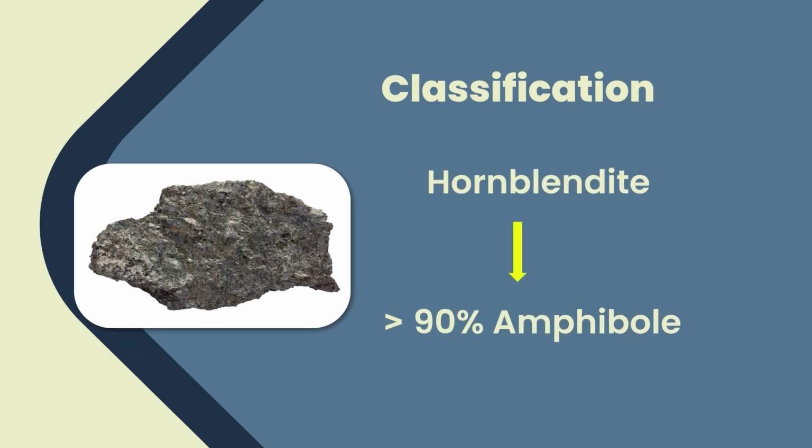In case of hornblendite, more than 90% is amphibole. So, you can see in the ultramafic rocks, the majority of the minerals present are dark colored minerals. These are all dark colored minerals which impart dark color to the rock.